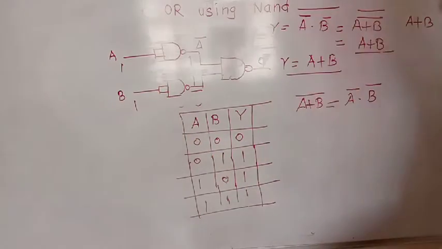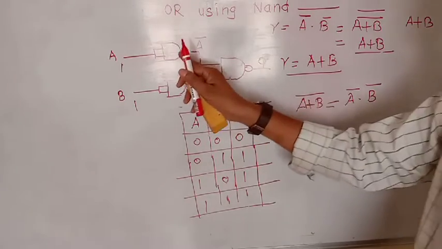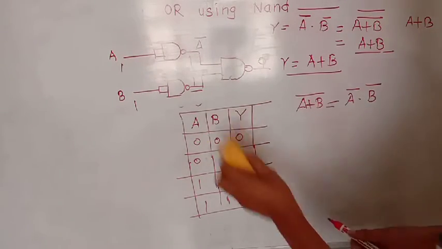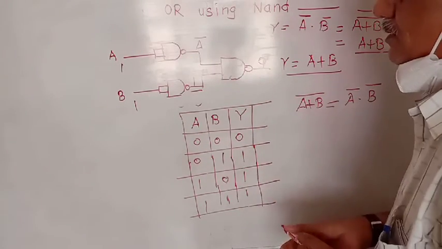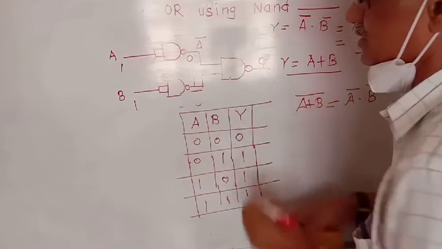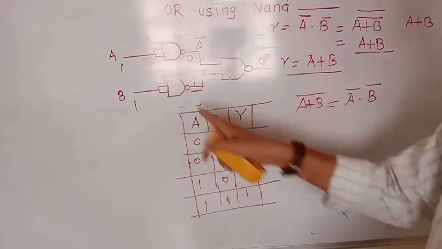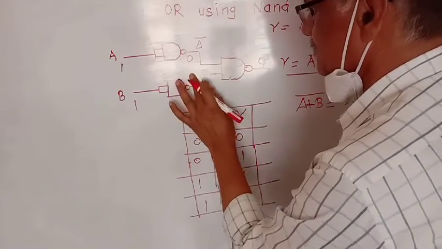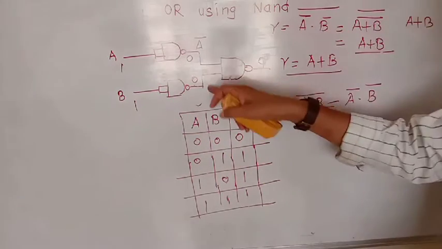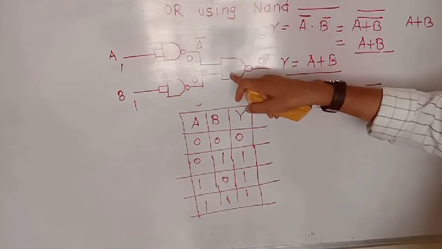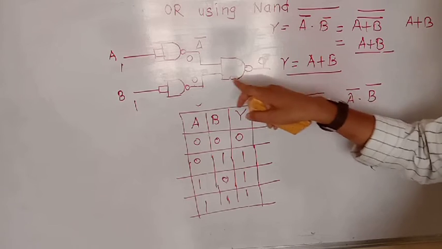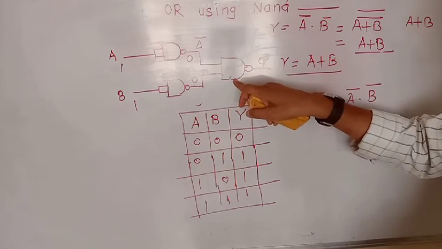Now suppose both inputs are 1 1, that is when A is equal to 1 and B is equal to 1, then this NOT gate will invert this input. So here we get 0. The output of the first NOT gate is 0. The output of the second NOT gate is also 0. Now these 0 0 are the inputs of this NAND gate.